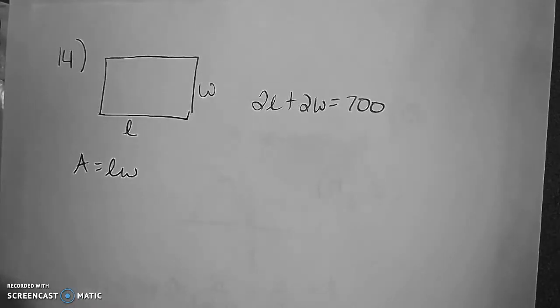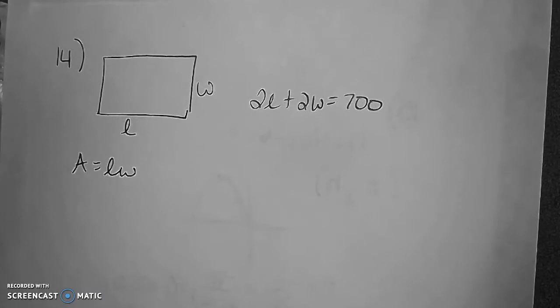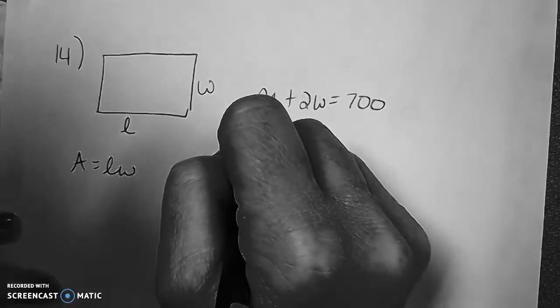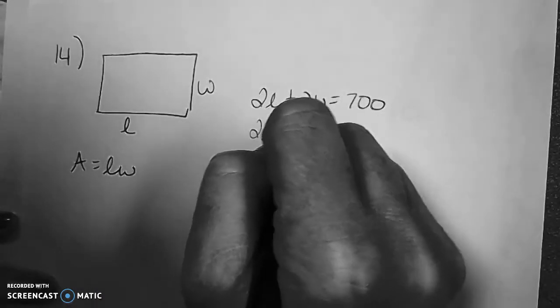So that means 2L plus 2W will have to equal 700. So we're asked to maximize area, and the issue we have here is this equation has too many variables. So I'm going to pick a variable in my perimeter equation to solve for. It does not matter which one.